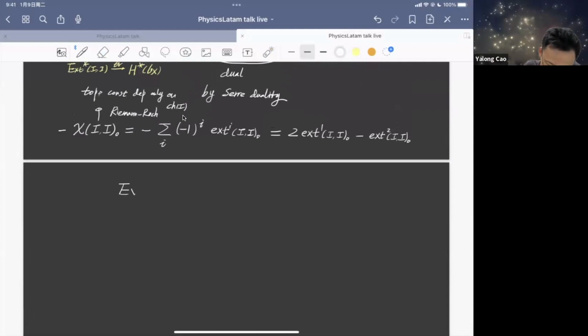Okay. So now the idea is like this. Remember this Ext2 group is a vector space with this non-degenerate quadratic form. So such a thing has an SO(N,C) structure.